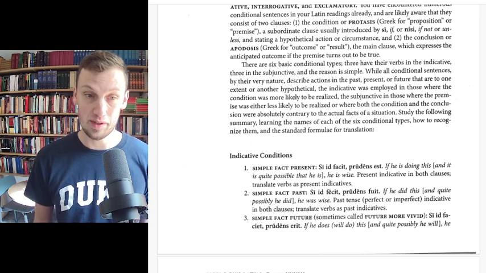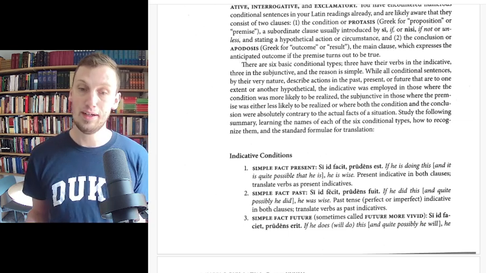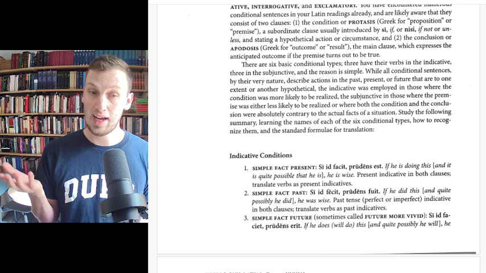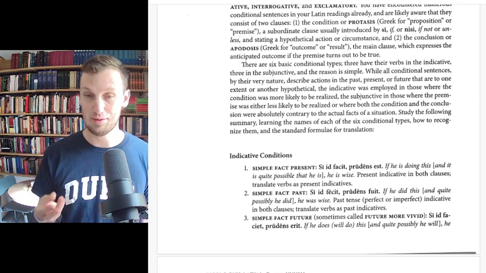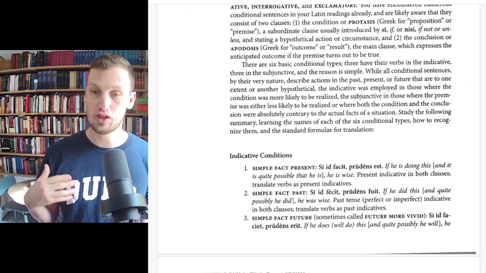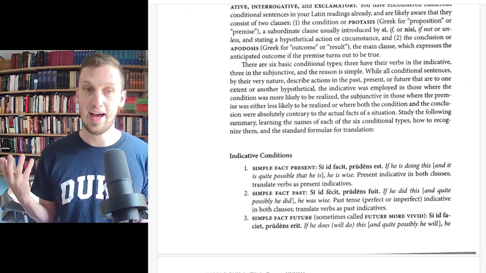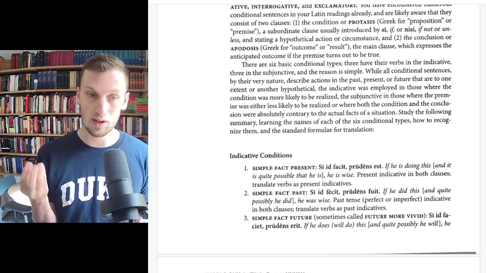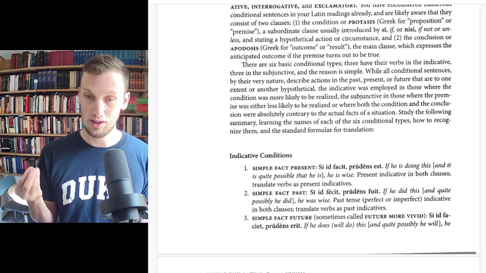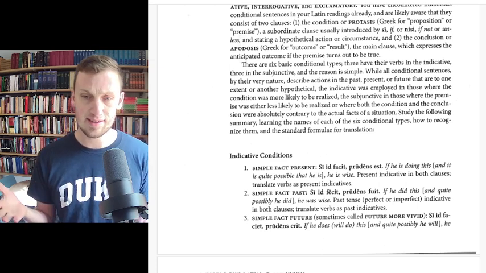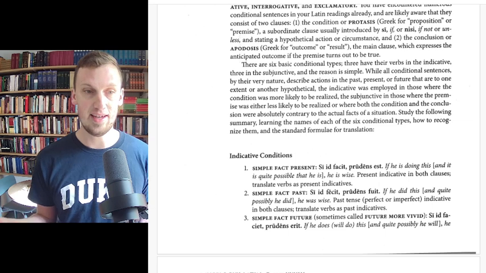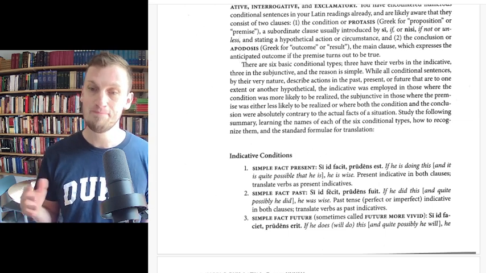I think you and I decide what's good English. But so these are more or less straightforward. You can pretty much just translate these as the temporal element would suggest you should. Notice that the perfect here in the simple fact past is being used as a past tense verb.